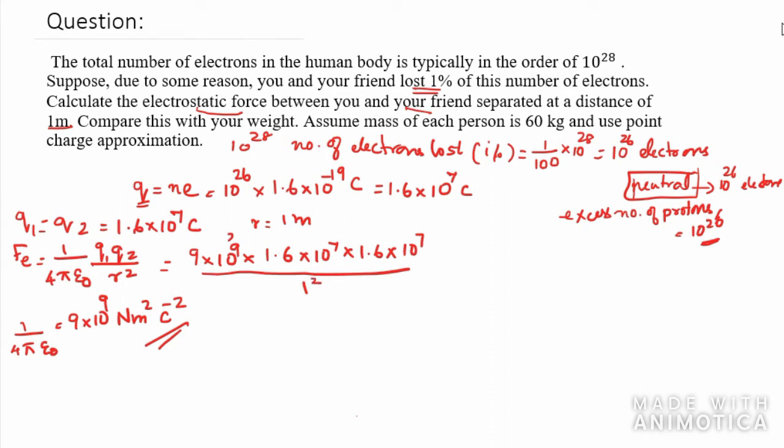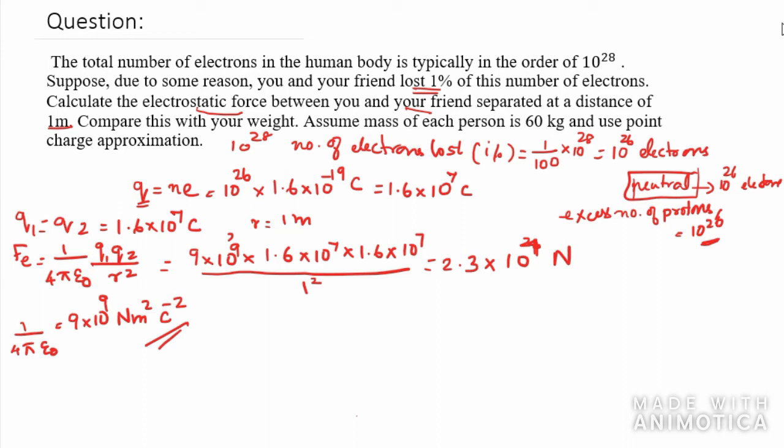On calculation, the value comes to 2.3 into 10^24 newton. So this is the electrostatic force between you and your friend.